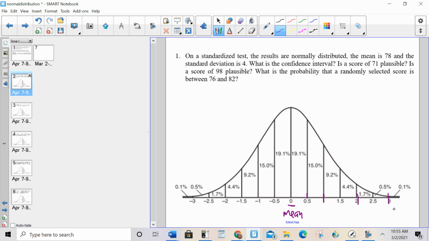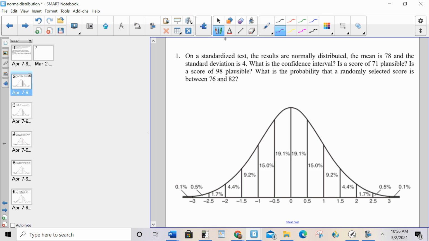And then the flip side, this one's 1 standard deviation below, 2 standard deviations below. Of course, the halves are in there as well. 3 standard deviations below. So the standard deviations are on the bottom. The mean always goes at the 0 on the bottom. And then the percentages, you'll kind of see how that works. So let's just start.